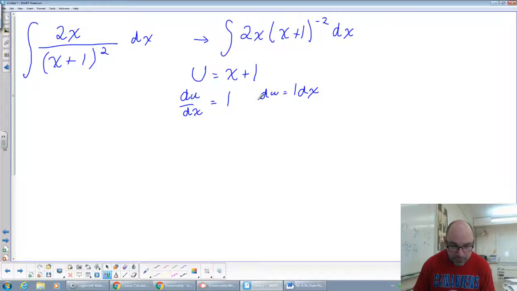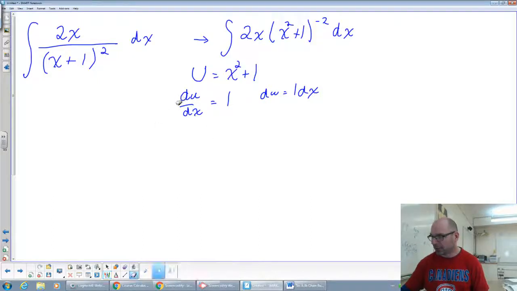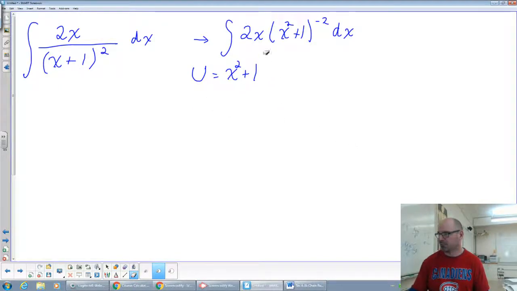Okay. Whoops. This is supposed to be squared. Otherwise, we wouldn't be able to do this one. This one wouldn't have been able to be done because of the extra x in it. I missed the square on the x. So let's do it over. So u is x squared plus 1.